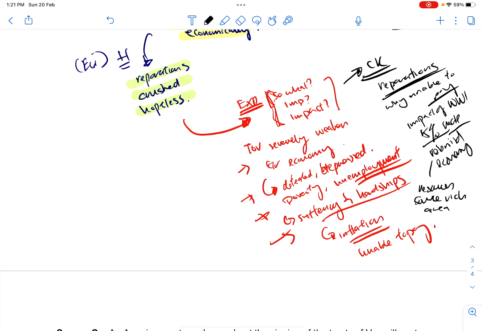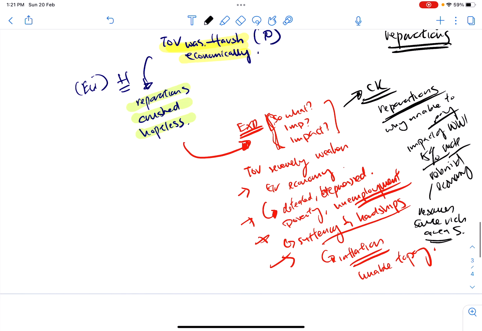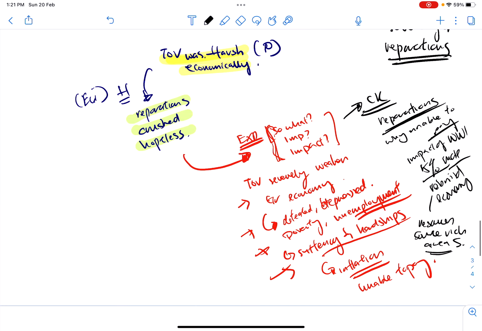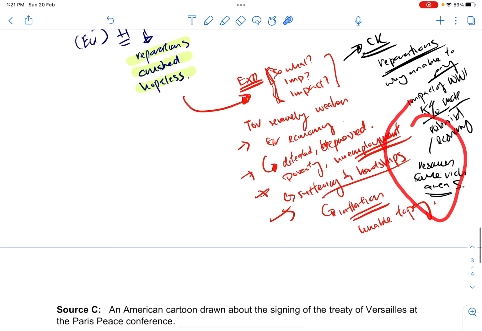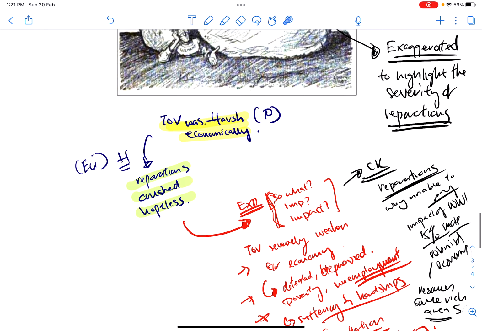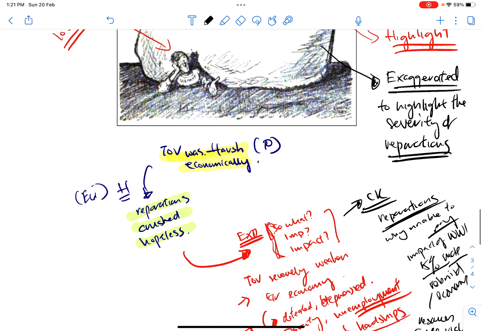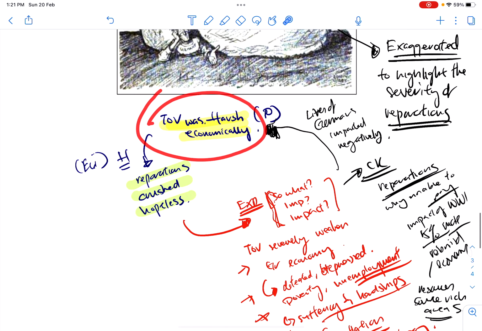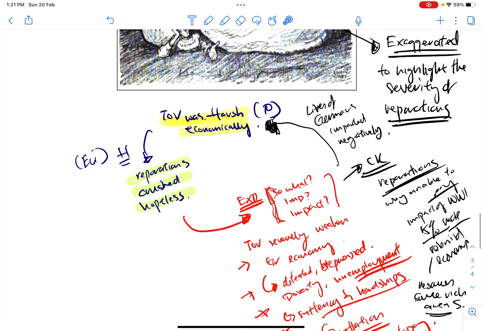Hence, by imposing reparations like this on a country that already lost 15% of their population and already lost their resource-rich places, it is going to severely impact and change the lives of the German people for the worse. So the lives of the Germans are going to be impacted negatively, and hence the TOV was too harsh, economically speaking.